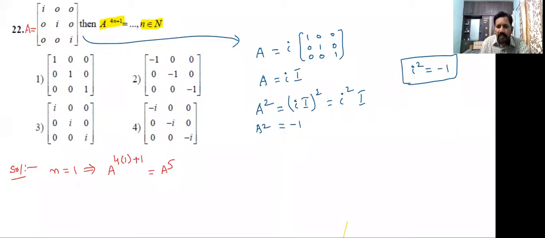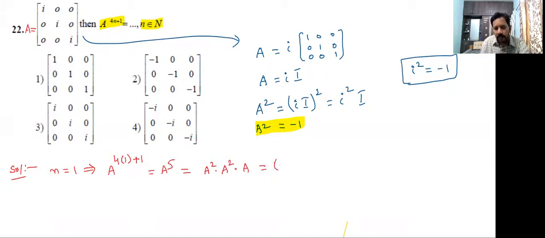Now substitute here. A power 5 means I am writing A square into A square into A. What is the A square value? This is the A square value, -1.